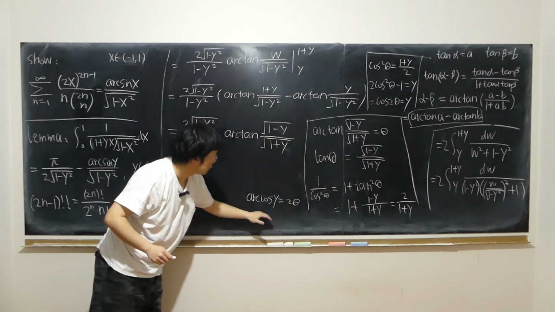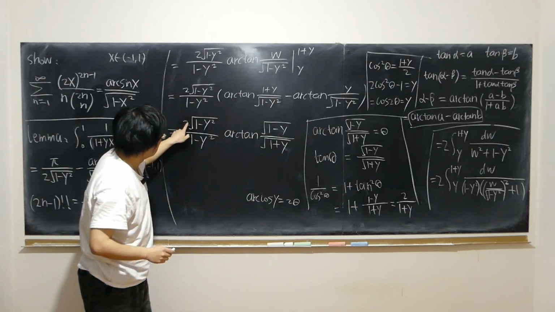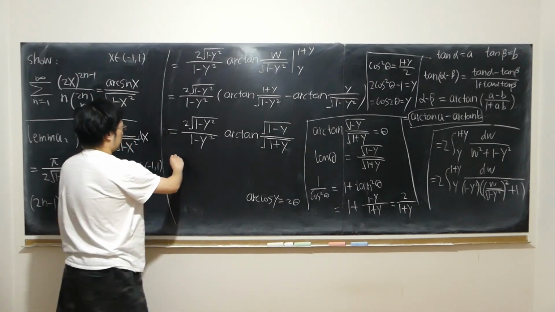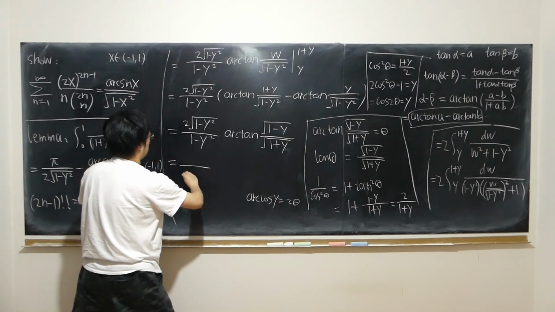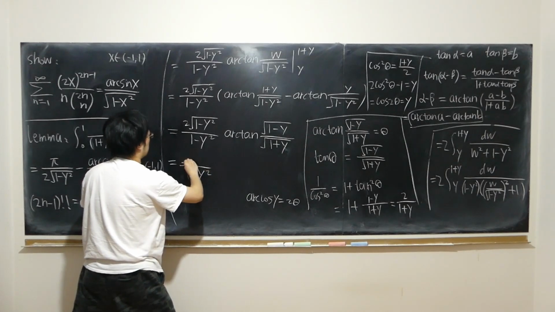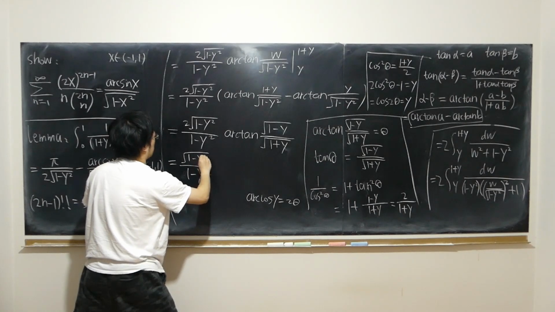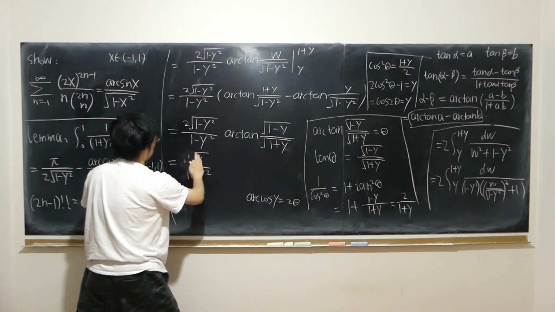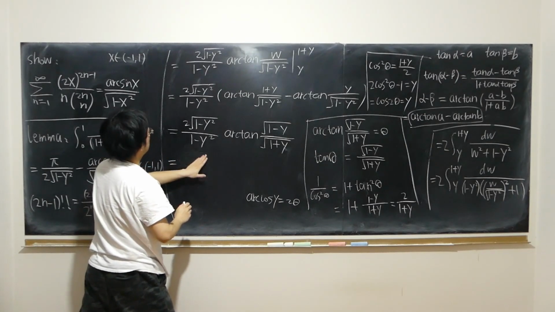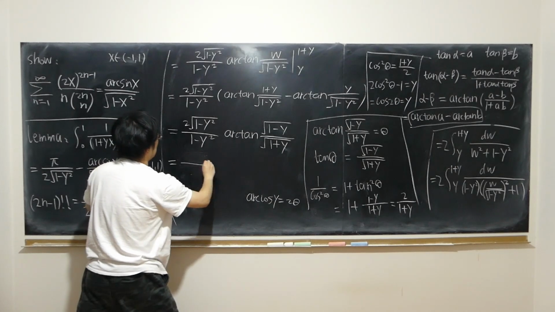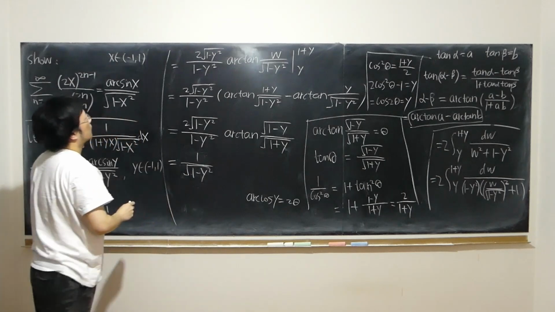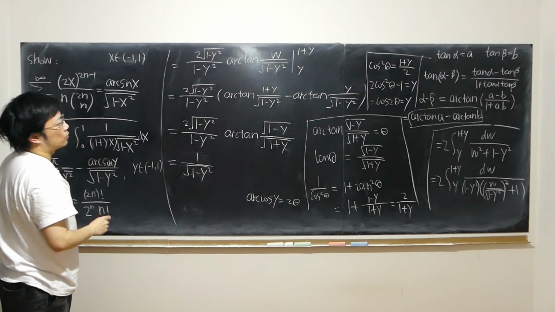So 2 times theta equals arccosine of y, and I simply have 2 times arctangent of the square root of 1 minus y over 1 plus y. Yeah, no problem.